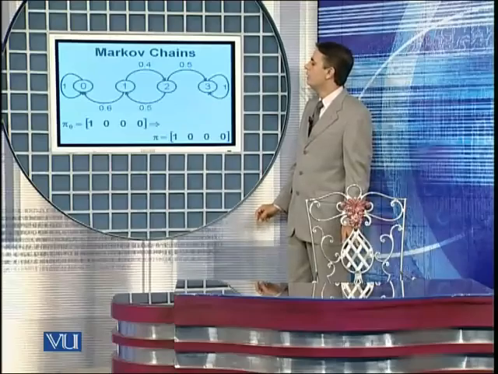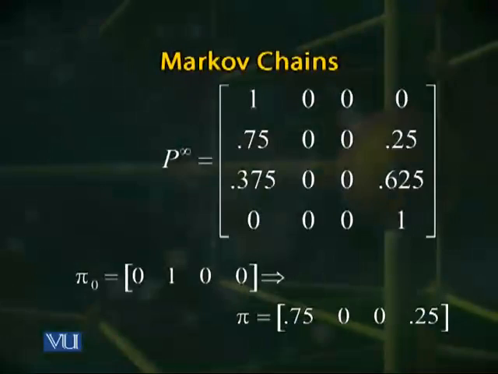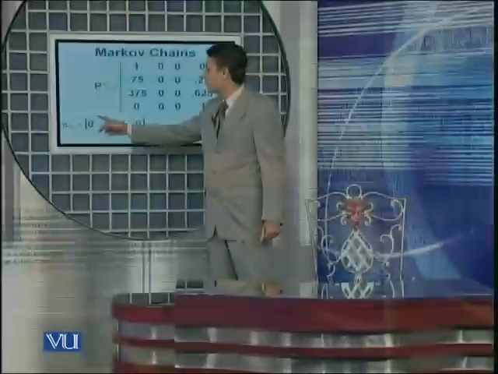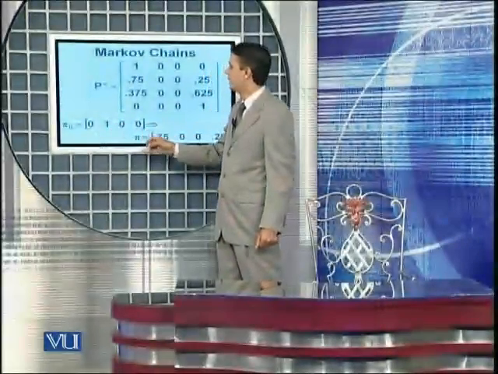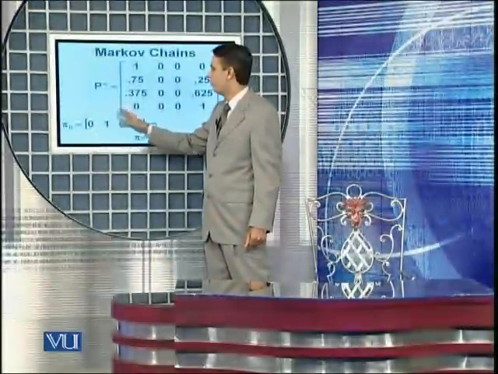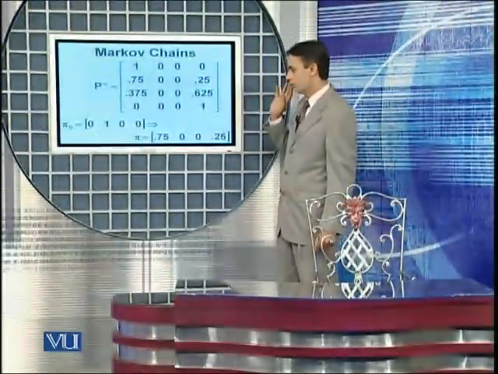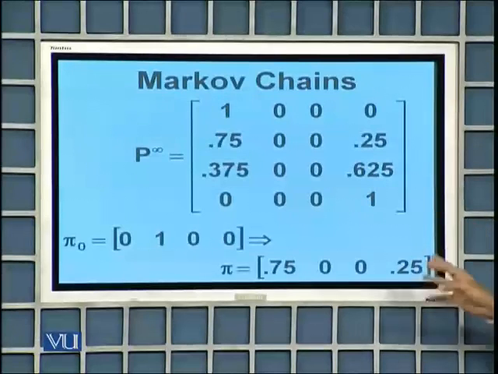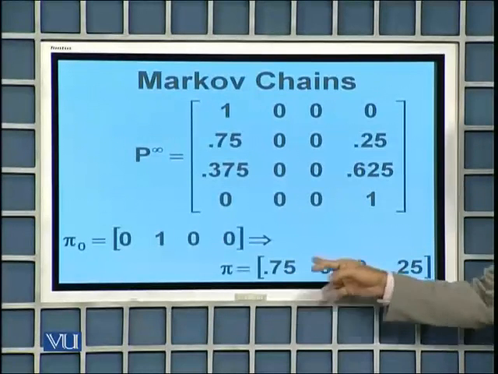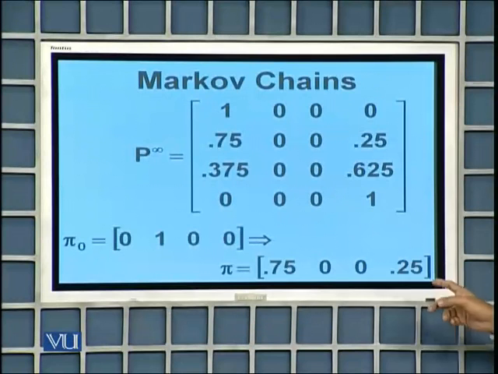Now let's see what happens when we start in state 1. If we start with initial probability distribution of 0, 1, 0, 0, that is, we start from state 1 for sure, then the stationary probability distribution is going to be 0.75, 0, 0, 0.25.